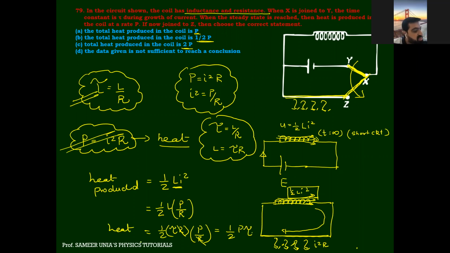It should be half P tau. Half P tau होना चाहिए. Answer is B. Half P into tau.